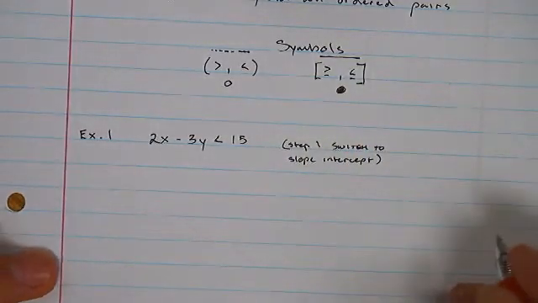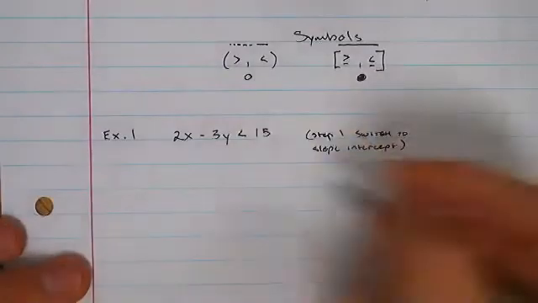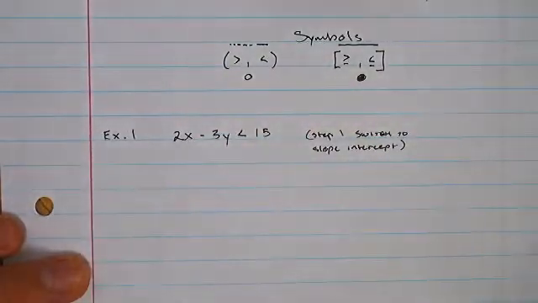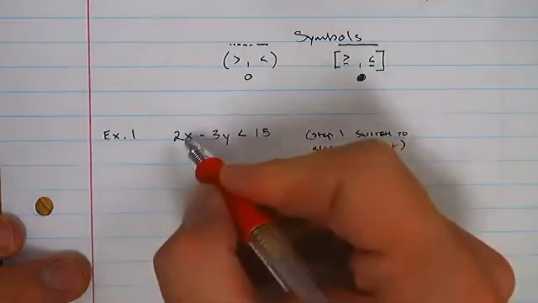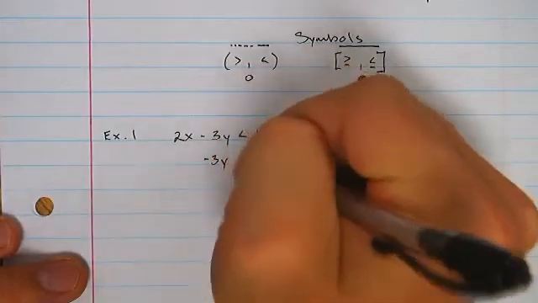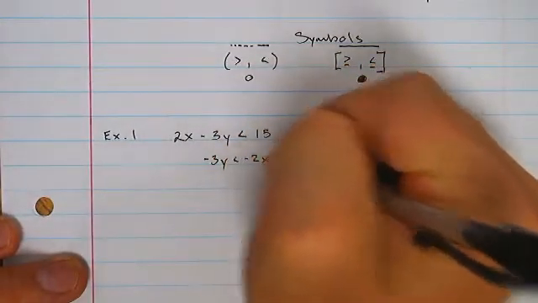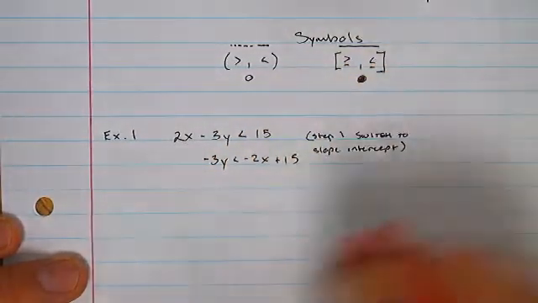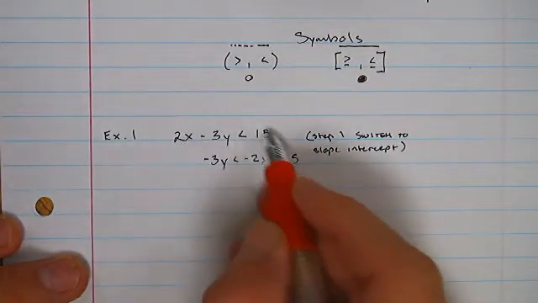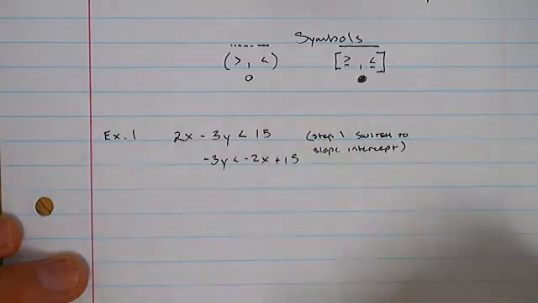So step 1, switch to slope intercept. Well, that's going to be easy for me because again, I've done enough of this manipulation that I know I'm going to pump that 2x over to the other side, creating a negative 2x plus 15, right? So 2x just went from one side of the inequality to the other. And when it happens, it just switches sign.